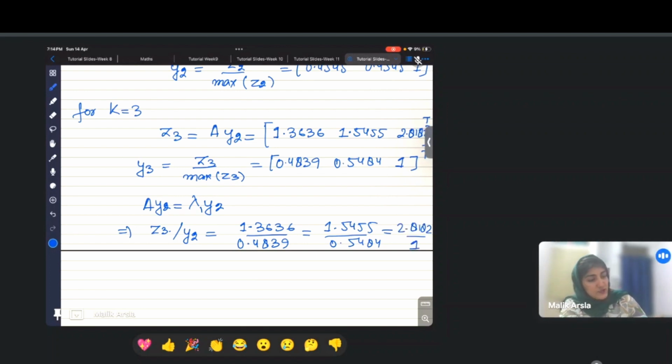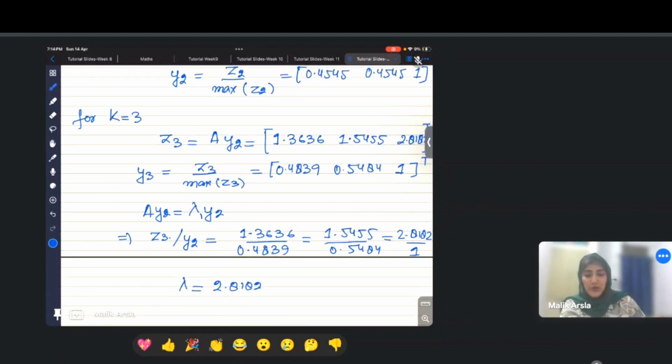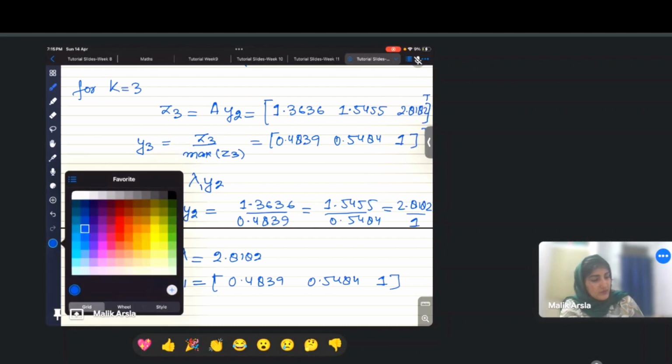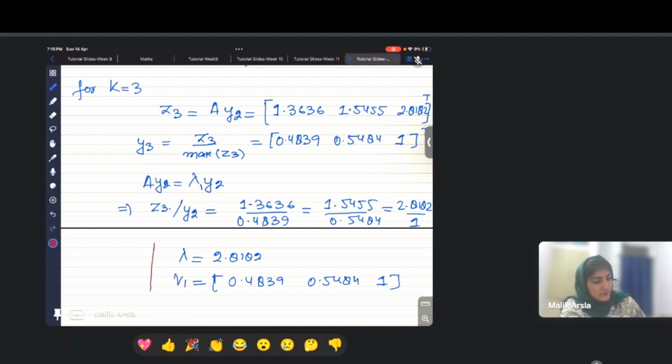So this is your eigenvalue, 2.8182. The dominant eigenvalue is this, and the corresponding eigenvector is this Y3: 0.4839, 0.5484 and 1. This is your answer.